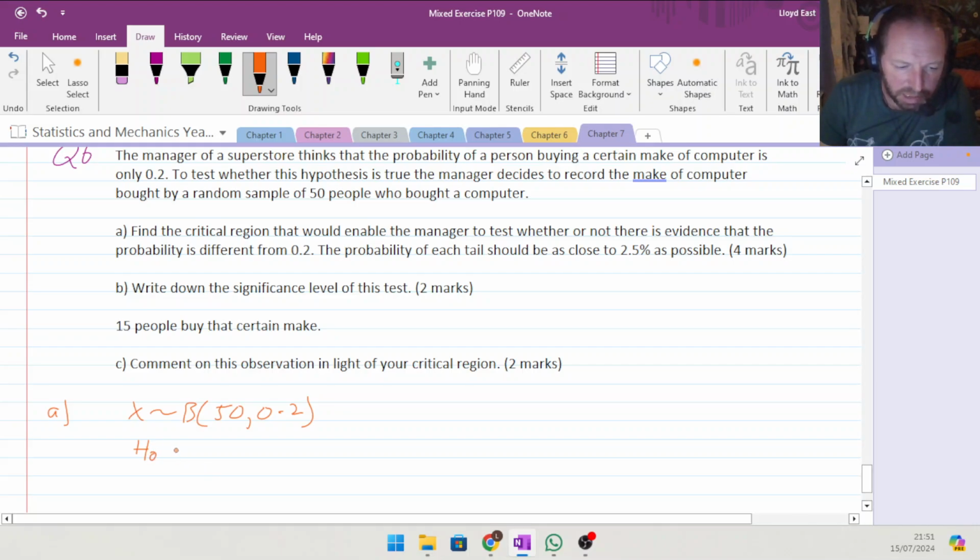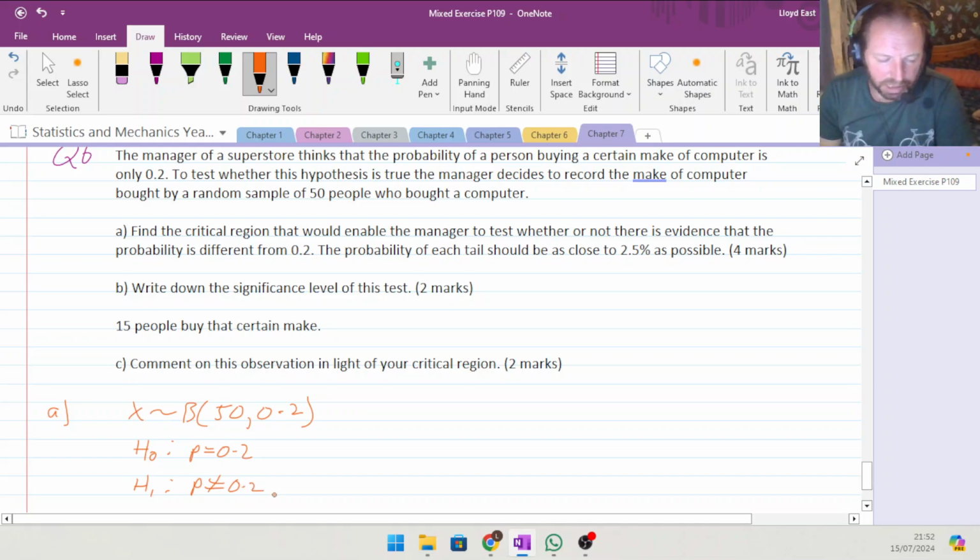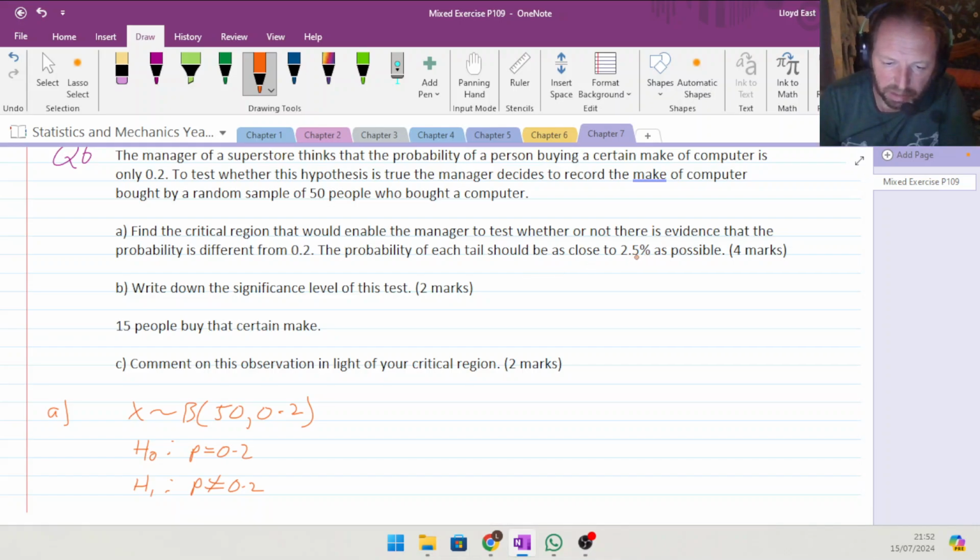The null hypothesis is that the probability is 0.2 that they buy the computer, and the alternative hypothesis is that it is different. We don't know if it's higher or lower, so it's just not equal to. This is a two-tailed test, and we've been told to make both tails as close to 2.5% as possible. So we're testing a 5% significance level, but 2.5% in each tail.